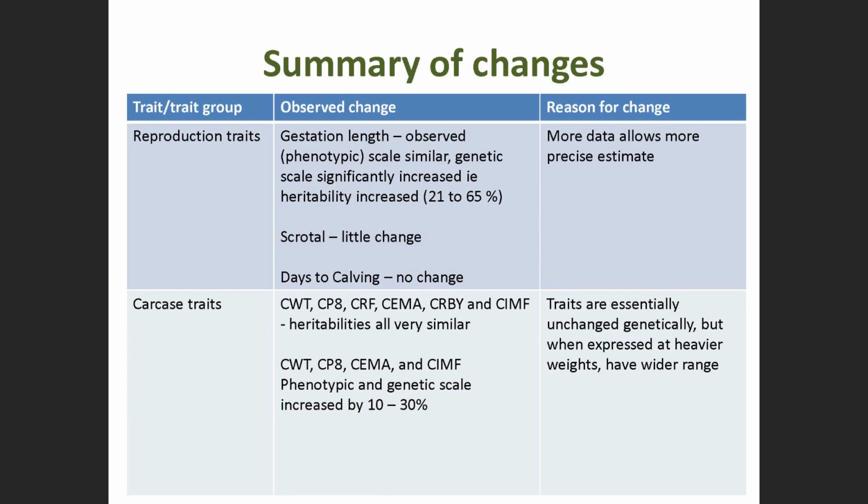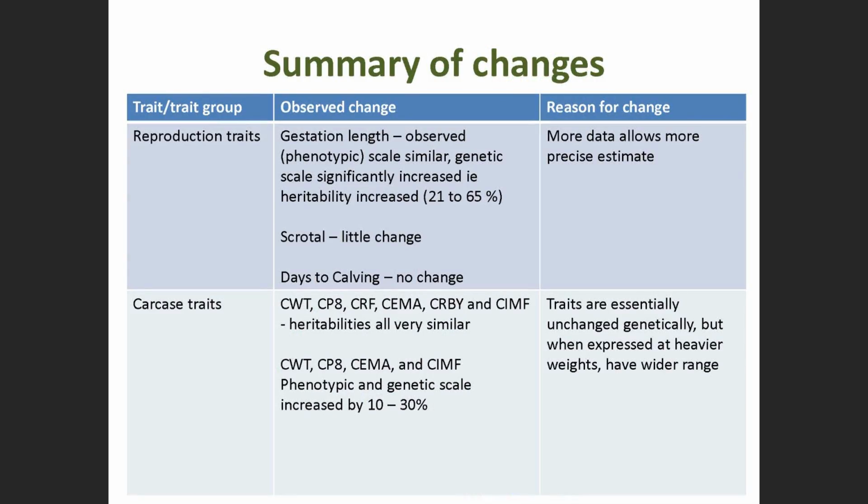For these four traits, carcass weight, P8, eye muscle area, and intramuscular fat, marbling in other words, however, the scale has increased. The range has got bigger. We're seeing bigger, what are called phenotypic differences, the actual differences you observe. That range has gone up, and because the heritability is still the same, it means the genetic range has gone up.